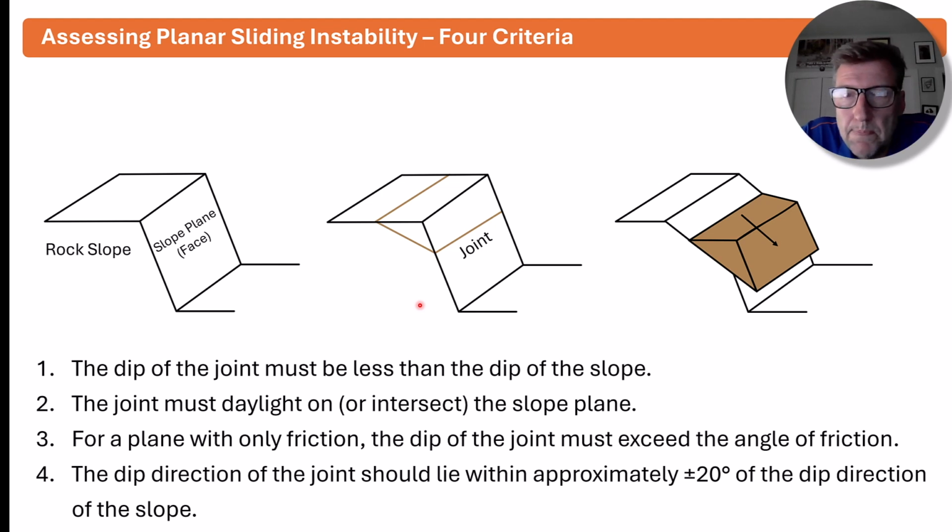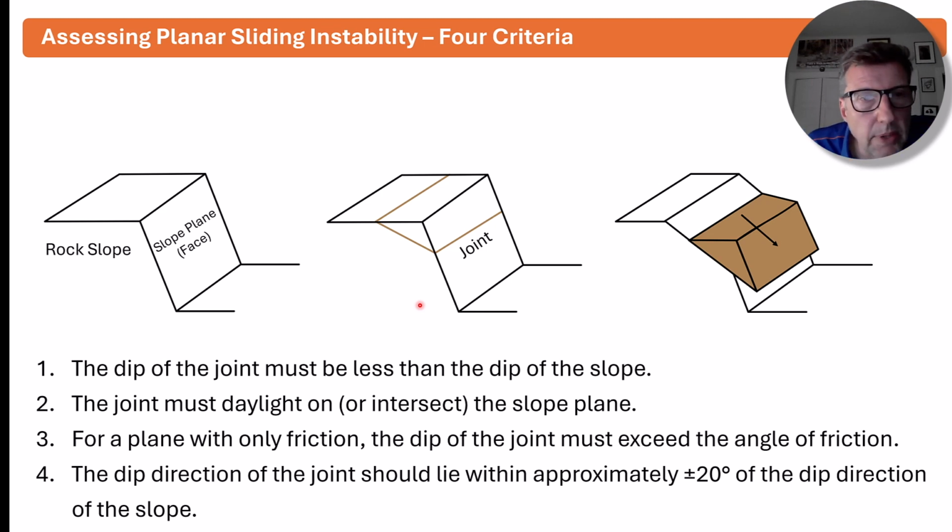Criterion 3, the dip of the joint must exceed the angle of friction or the friction angle. We'll work on that when we get to the stereo net. And finally, criterion 4, the dip direction of the joint should lie within approximately plus or minus 20 degrees of the dip direction of the slope.